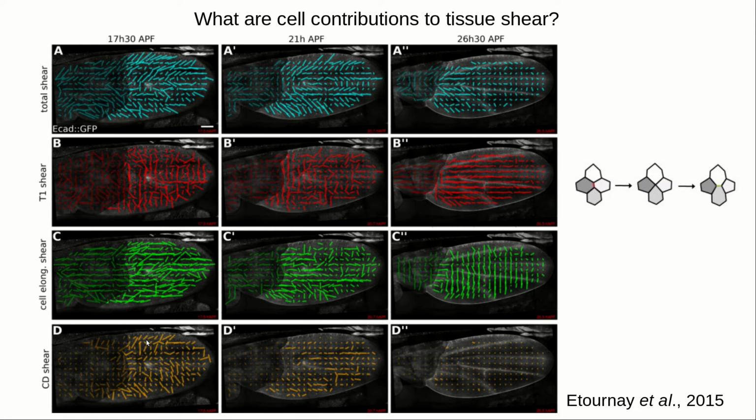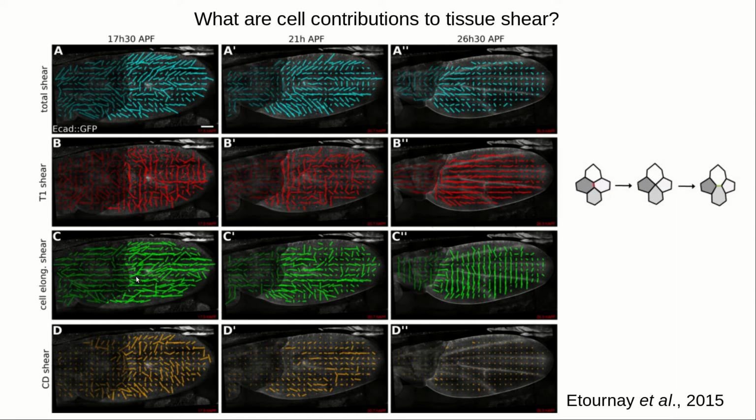So let's begin with the lower part, which shows the contribution of cell division to total shear. As you can see, most shearing due to cell division takes place at the beginning of the hinge contraction process, between 17 and 21 hours after pupariation, whereas at 26 hours there's no cell division anymore. Then there's a contribution to shearing that is mediated by cell elongation.